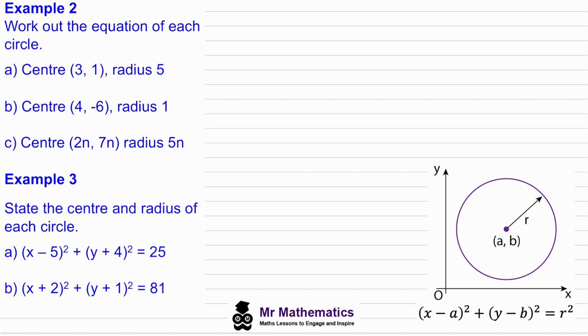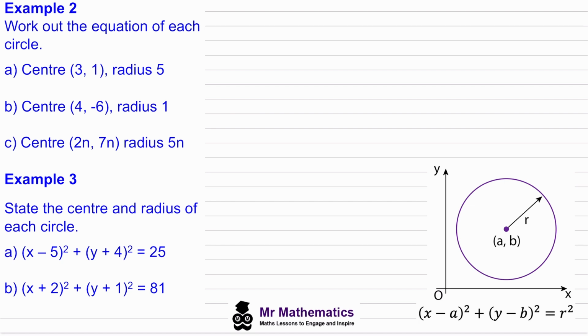Okay, so in example 2, we've been asked to work out the equation of each circle when we're given its centre and its radius. And we know that the centre is located at (a, b) and the radius is the distance from the centre to the circumference. So we're going to use this formula.